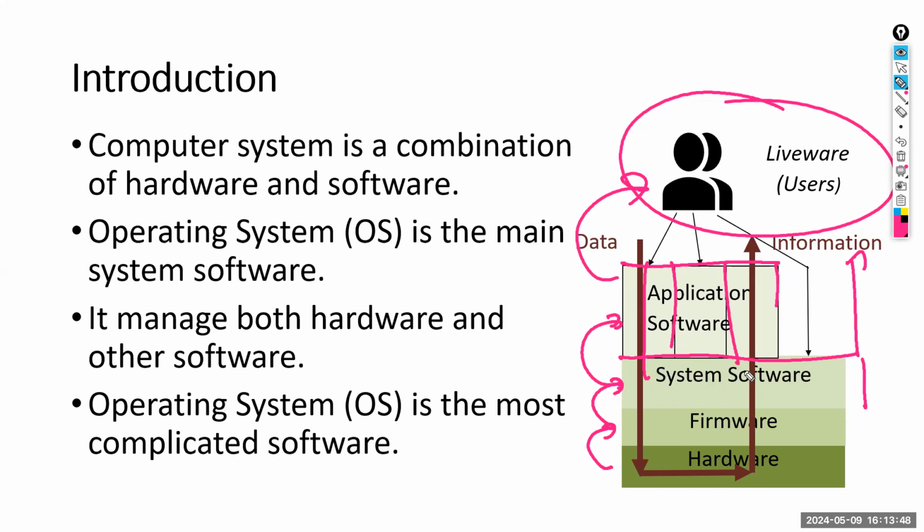Then you have the system software, and we know that system software can be subdivided into 3 components. That is basically the operating system, the main part of the system software.